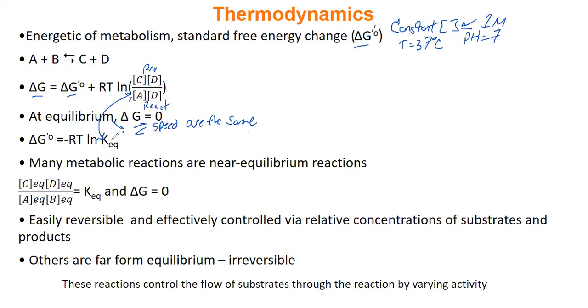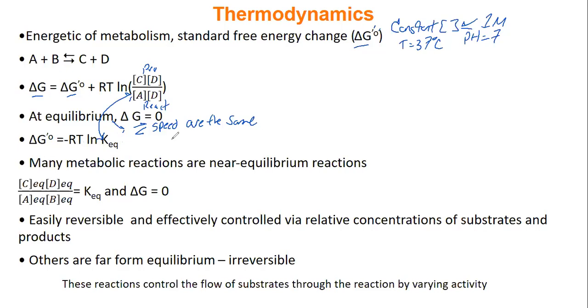So KEQ is the ratio of products to reactants at equilibrium. And by doing minus RT ln KEQ, where R is the gas constant and T is temperature, that's how we can calculate delta G naught. Now, inside the body, many reactions we're going to look at are very near equilibrium.